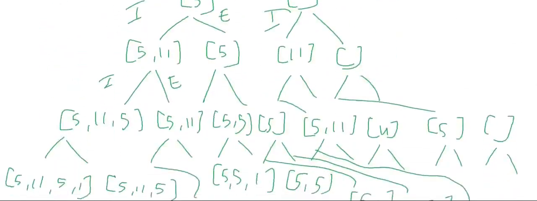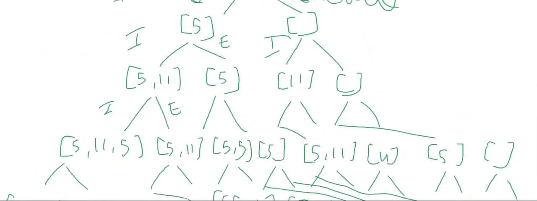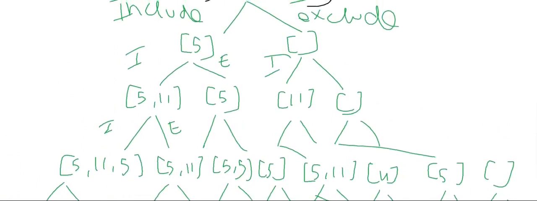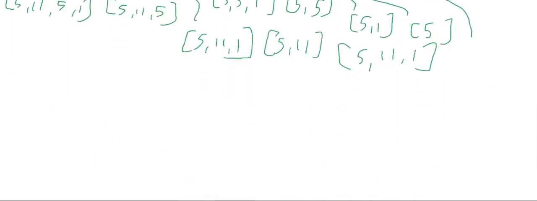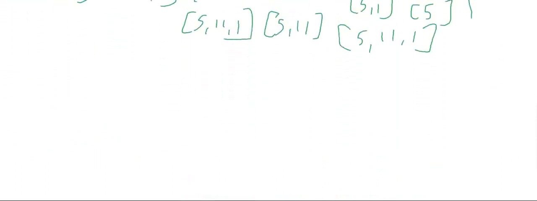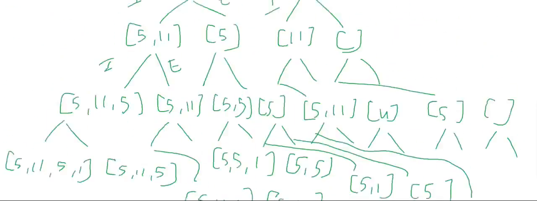So here I found all the subsets, include and exclude. But here now I need to add a condition that I need to find a subset whose target is, what? 11, okay? So now I have this 1, 5, 11 and 5, and I'm also given my target.